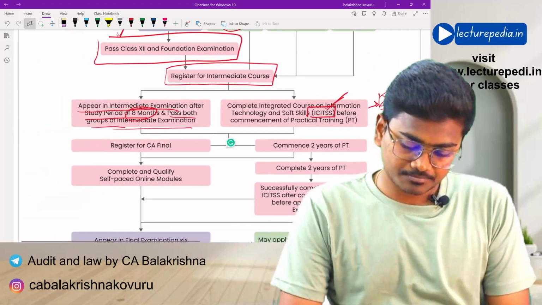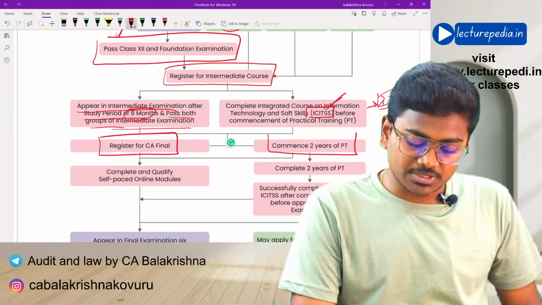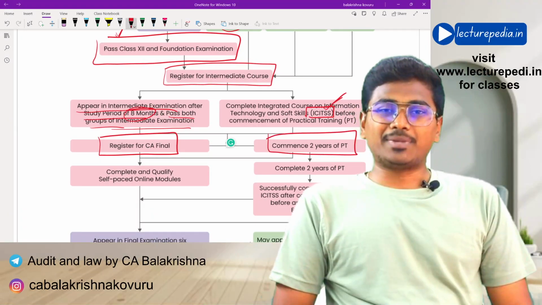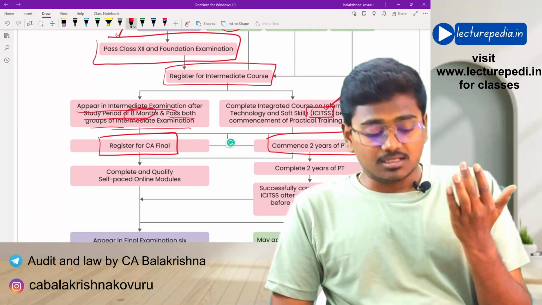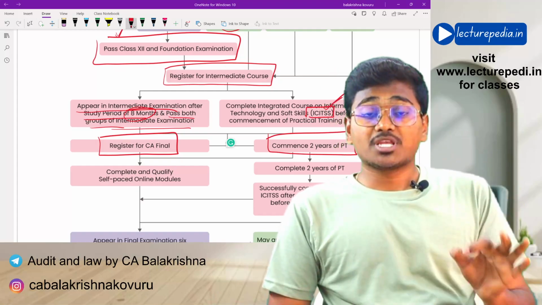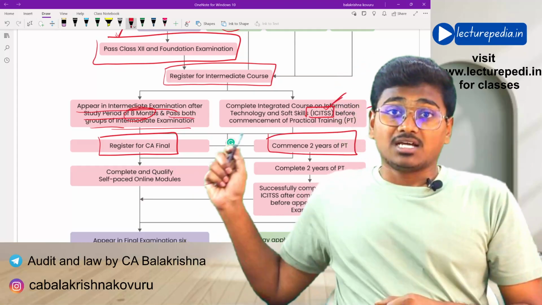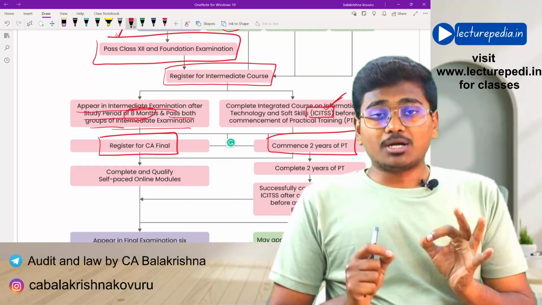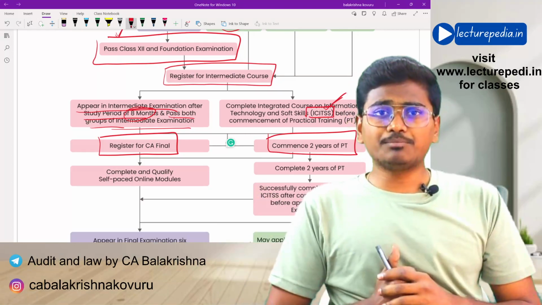Okay, you can register for CA final and you can commence your 2 years of practical training. This is the major change. Earlier in the existing course, you could join your practical training by completing any one of the groups, but under the new scheme, you need to complete both the groups to join practical training.